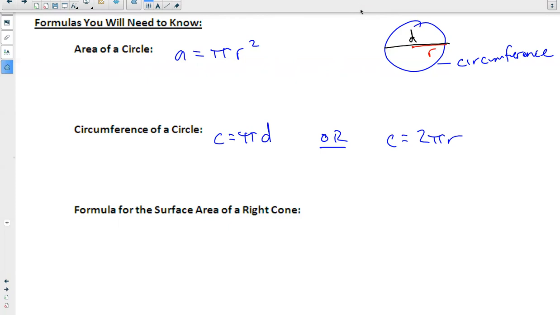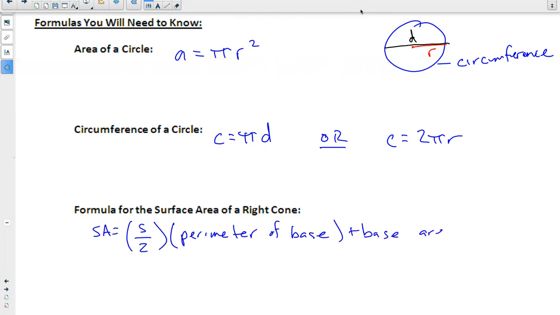And now we're going to derive a formula for the surface area of a right cone. This is going to be similar to the formula that we used in the last lesson. So surface area is equal to slant height divided by 2 multiplied by the perimeter of the base plus the base area.